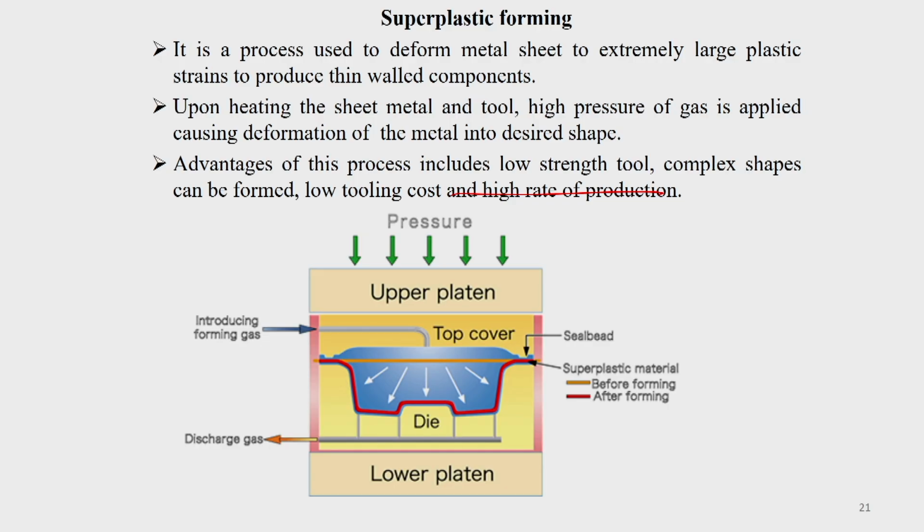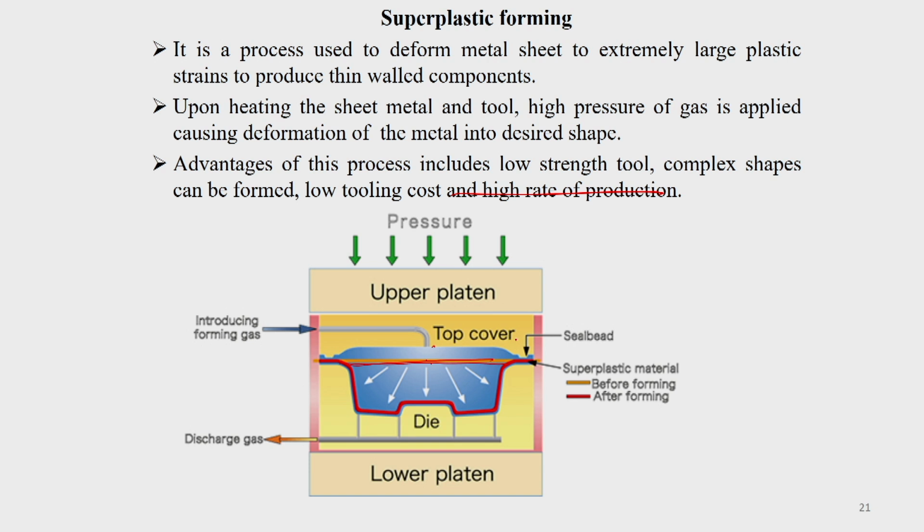What you do is keep the superplastic material here first. This figure shows the end, and there is a seal bead, which separates the region above the sheet from the region below it. It will be completely isolated. For that you need a seal bead, and then the whole setup is kept at a higher temperature.